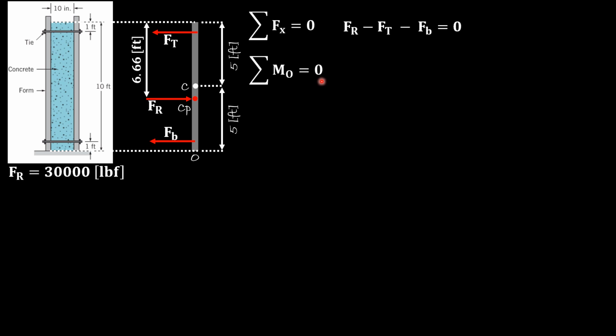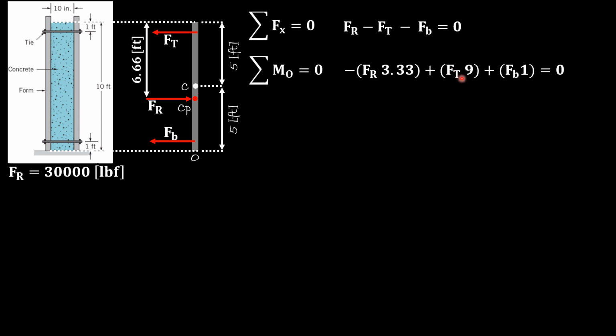The sum of the moments equal to 0. F sub R will cause the form to rotate clockwise, so that will be negative times the distance from here to here, which will be 10 minus 6.66, which is 3.33. And F sub B and F sub T will cause the form to rotate counterclockwise.